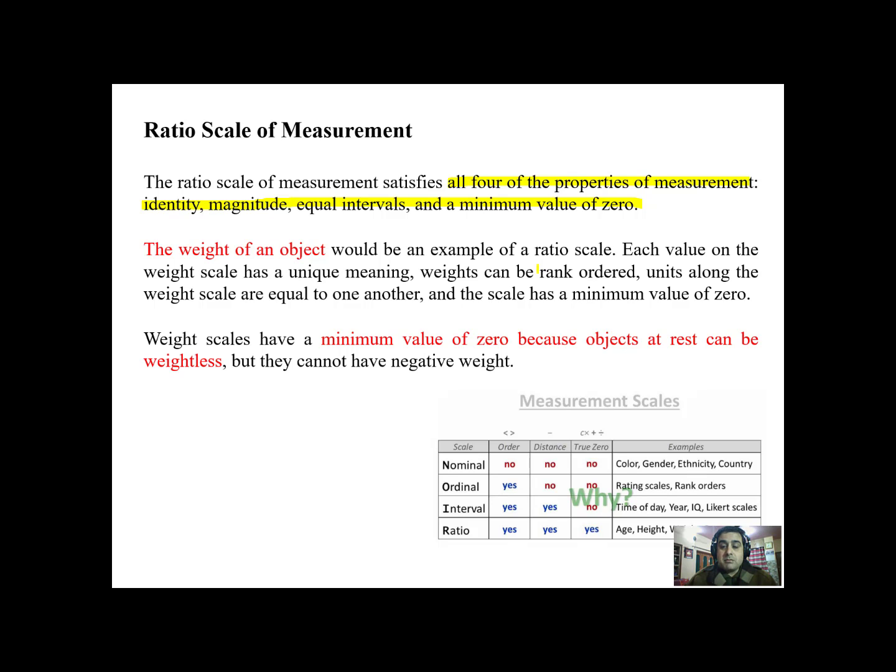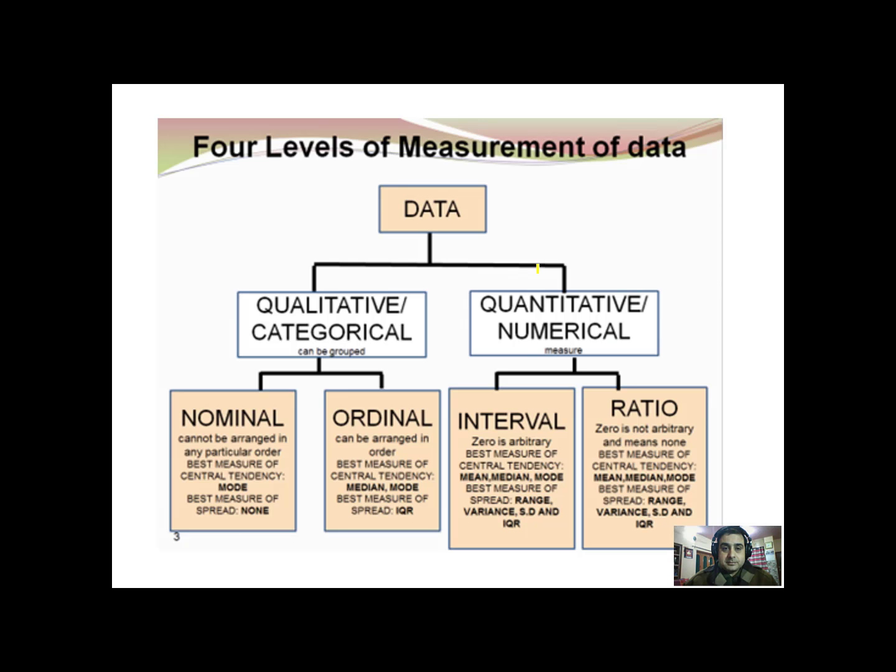Likewise, you can have mass. Mass can be 0. You can have age. Age starts from 0 when a person is born. He doesn't have age at that time, then he becomes an hour old, and a day old, and then a month old, and then a year old. So this is how the ratio scale of measurement has all four properties.